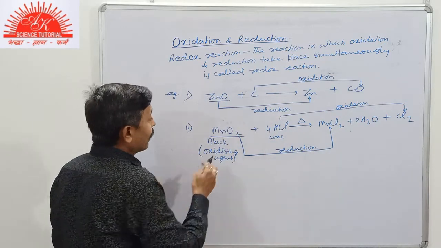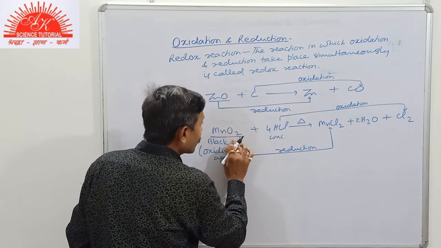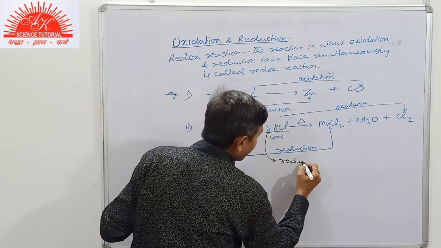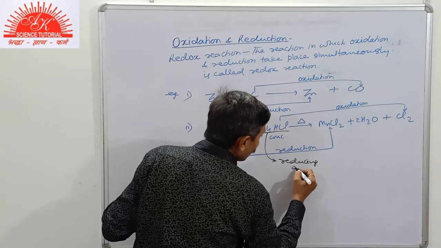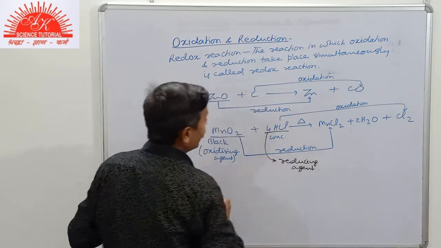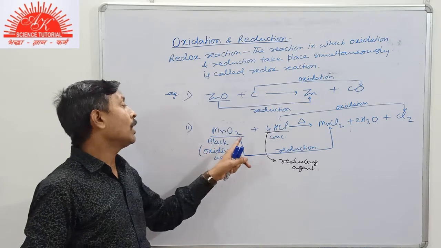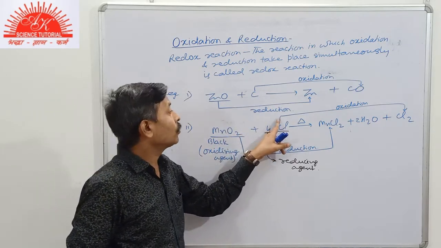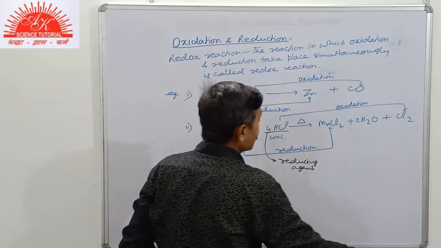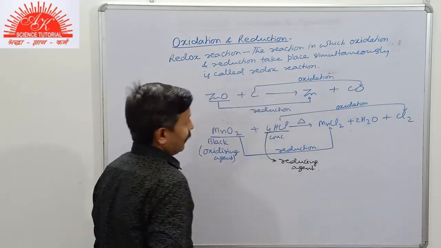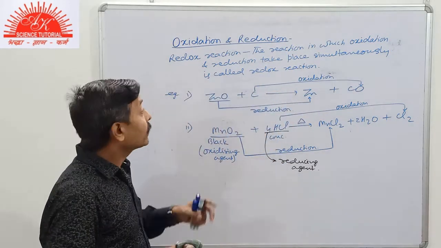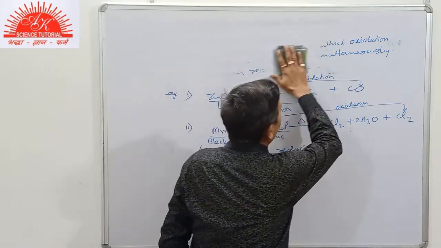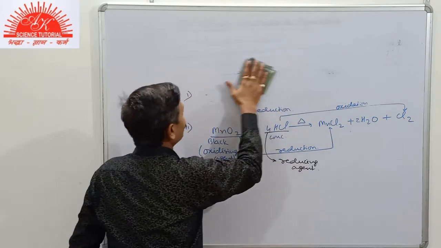In this part, MnO2 is the oxidizing agent and this is the reducing agent. So directly we can say that the substance whose reduction takes place is the oxidizing agent and the substance whose oxidation takes place is the reducing agent. So oxidation and reduction, redox reaction as a simple topic, will be clear to you.